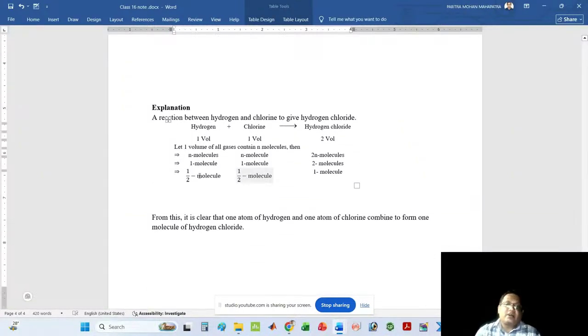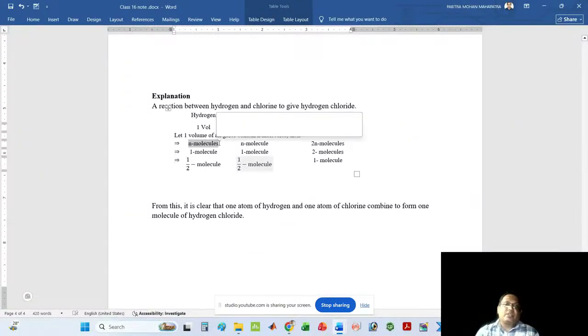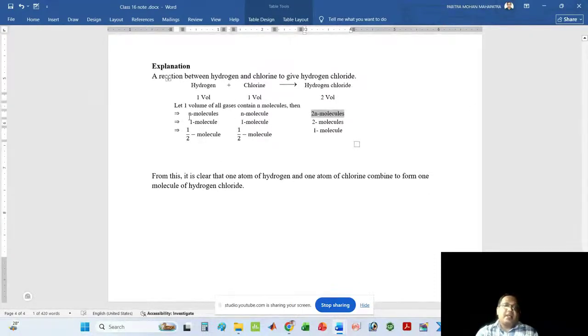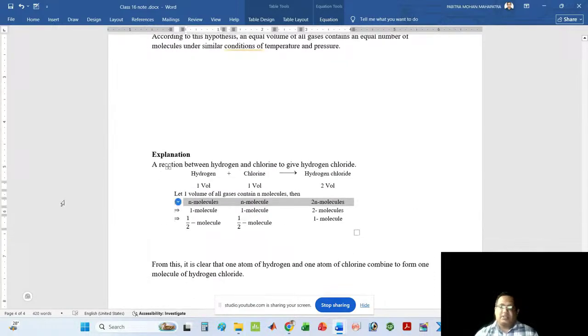Then I can write n molecules of hydrogen and n molecules of chlorine combine to form 2n molecules. After dividing each species by n, I can write n by n, n by n, and 2n by n. After cancellation of n, you will find one molecule, one molecule, two molecules.